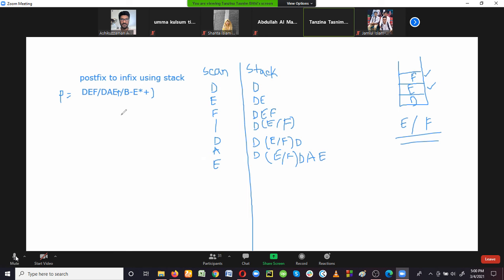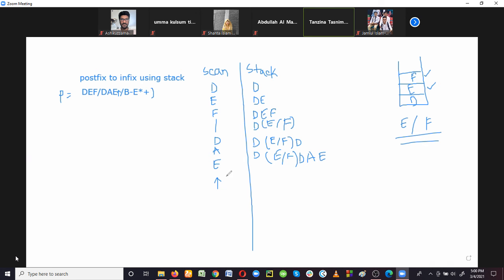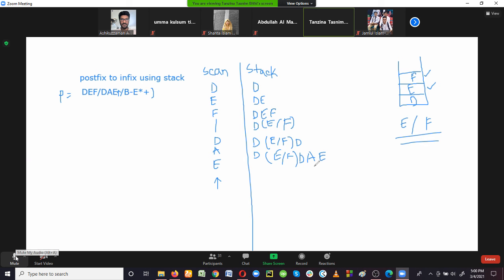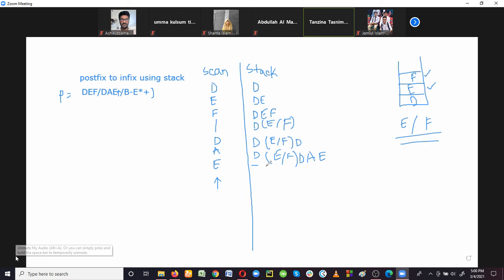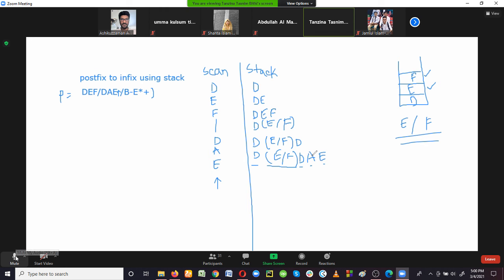Okay, now the next element is an operator, and when an operator comes, just delete the topmost two elements from the stack. Now tell me how many data elements the stack has. D is one element, this E divided by F is another element, the third element is D, A is the fourth element, and E is the fifth element. So which one is the topmost element here?